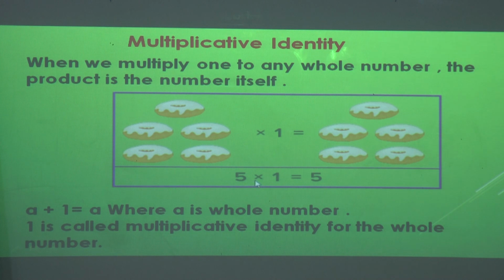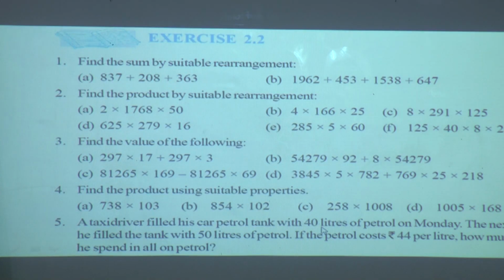A whole number when multiplied by 1, we always get the whole number. So 1 is called the multiplicative identity for the whole numbers. So 0 is called the additive identity and 1 is called the multiplicative identity for whole numbers.